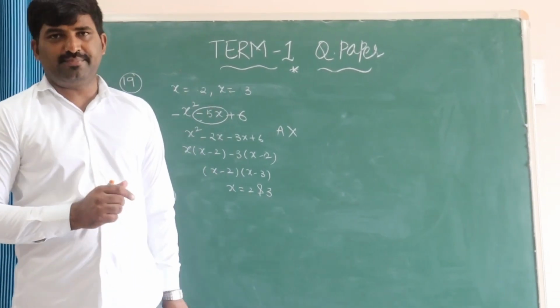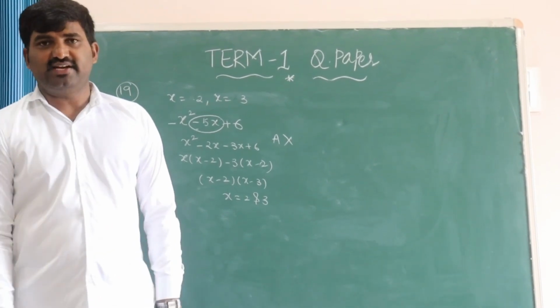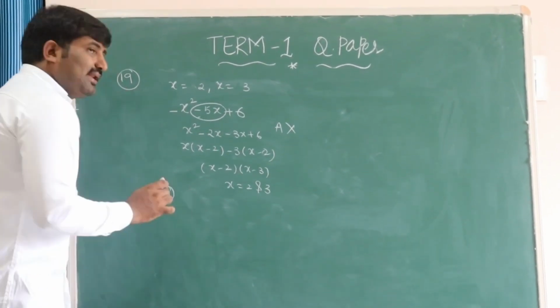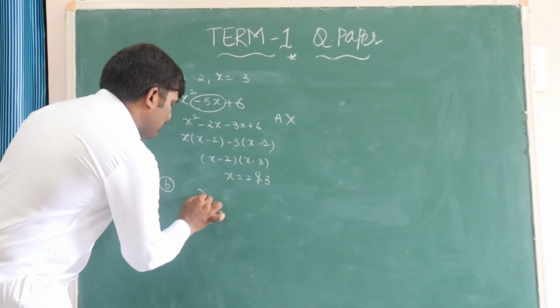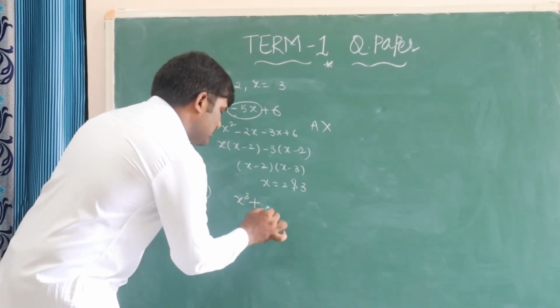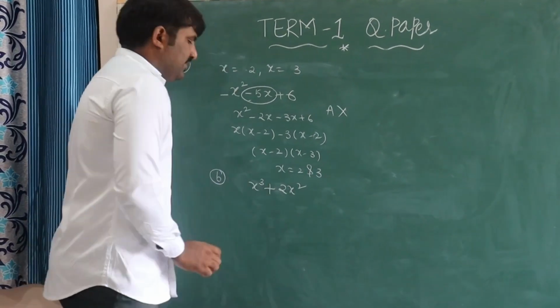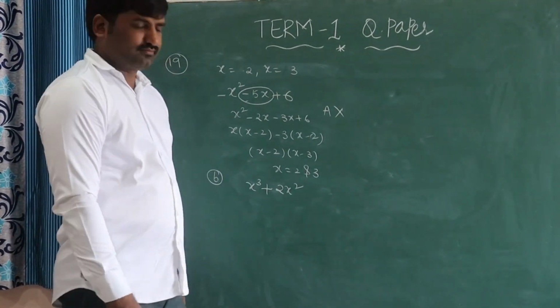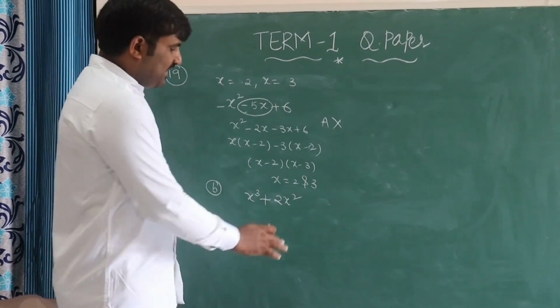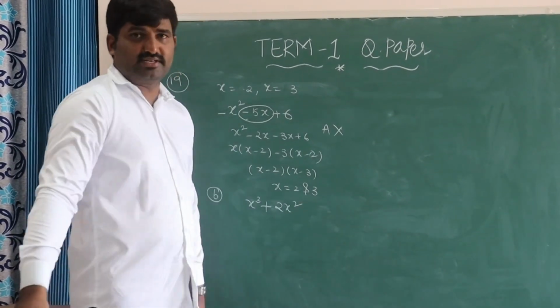I am taking one example. For that example I will check whether it is true or false. So here linear and constant term are 0. I am taking the cubic polynomial without linear term and constant term. Yeah, x cube plus 2x square is the example. Here there is no linear term and constant term.